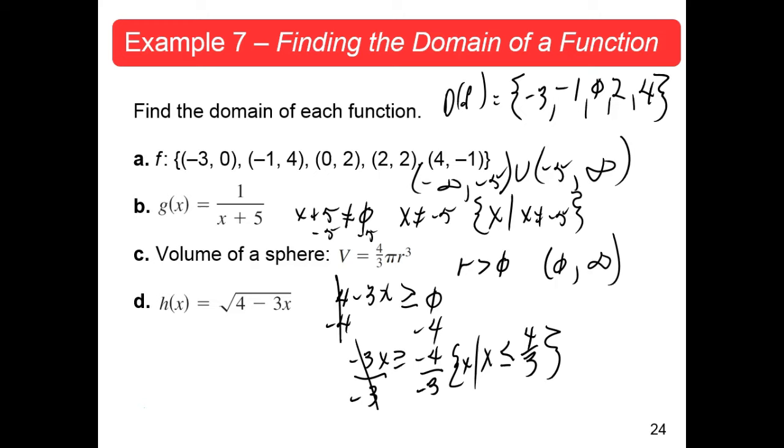How would you write that in interval notation? Parentheses, I'll buy that. Not for very much, but a little bit, okay? It goes all the way down to negative infinity, goes up to 4/3. Because you have the equal sign, it's a bracket. Good deal.